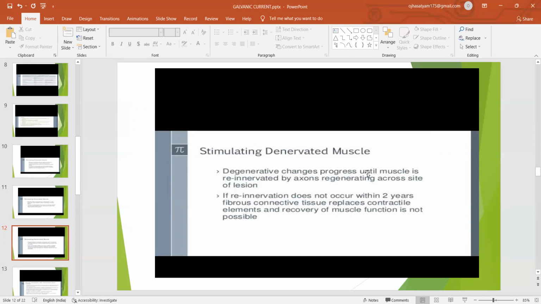Degenerative changes progress until the muscle is reinnervated by axons regenerating across the site of the lesion. If reinnervation does not occur within 2 years, fibrous connective tissue replaces contractile elements and recovery of muscle function is not possible.